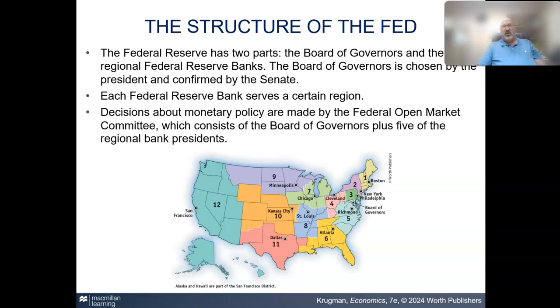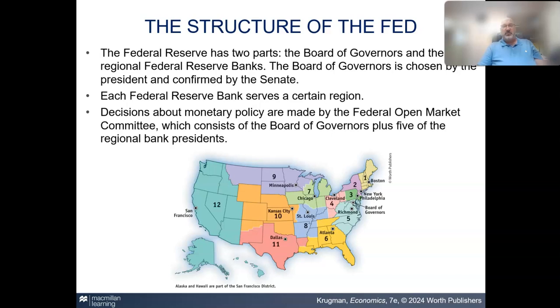So here they all are. We are right there in District 7, but you can see it here. You start up in New England with Boston at 1, New York at 2, Philly at 3, and then you kind of got to go over to Cleveland at 4, come back to Richmond at 5, Atlanta at 6, move left, go up.